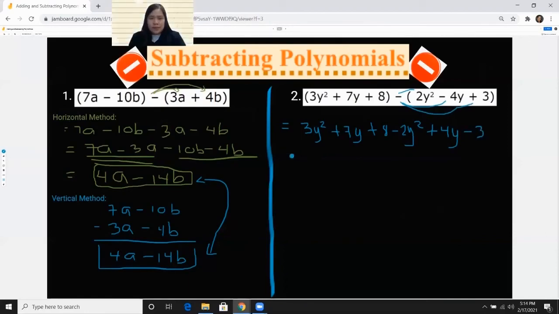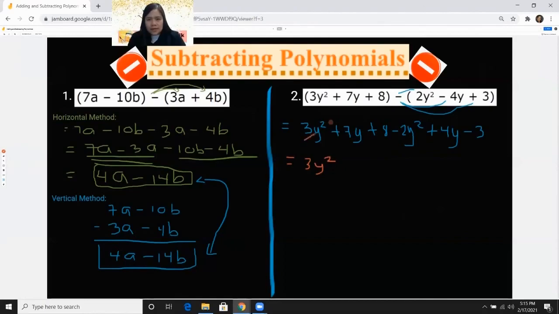Then the next step, we're going to arrange them based on their degree, the rule in addition that we used a while ago. So we have 3y squared. So next step, we will apply what we've learned in addition. We'll arrange them by their degree and based on their order. So we have 3y squared, positive 3y squared.